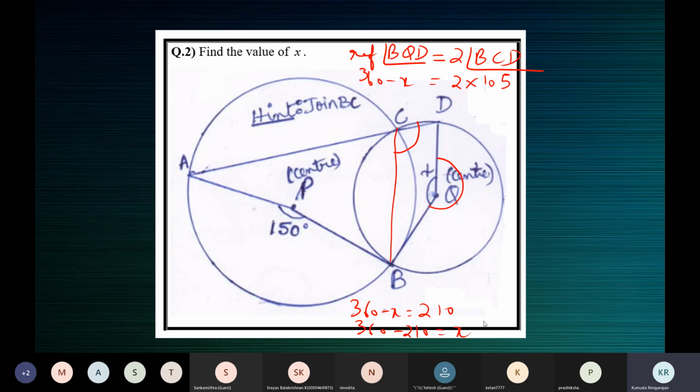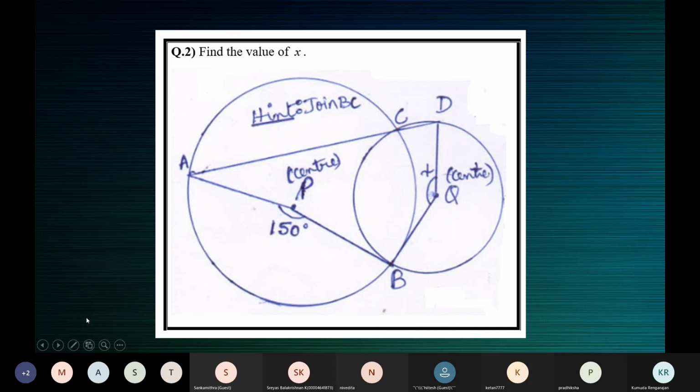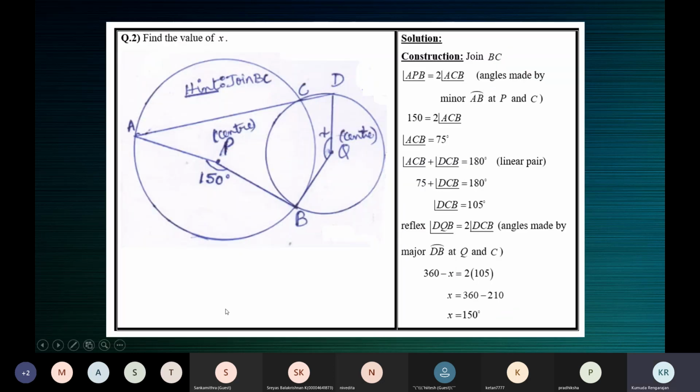So X is equal to 150. Please write down, children.